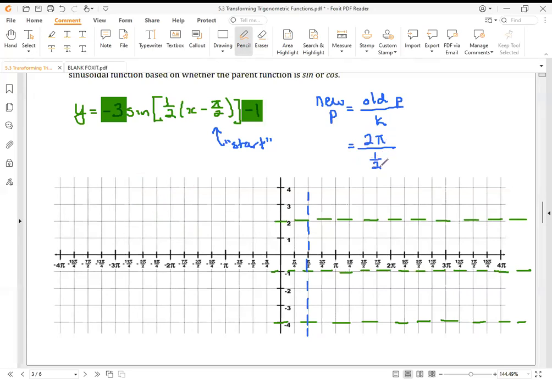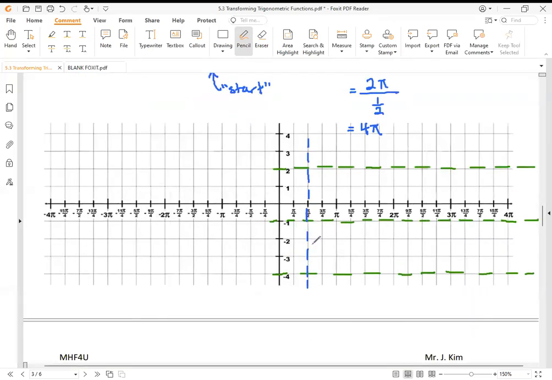My k value is 1 over 2, which means 2 pi divided by 1 over 2, 2 pi times 2 over 1. So with my blue line starting here, I need to count out 4 pi, and that's when my box ends.